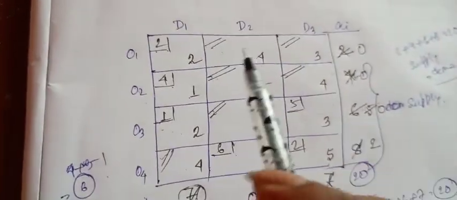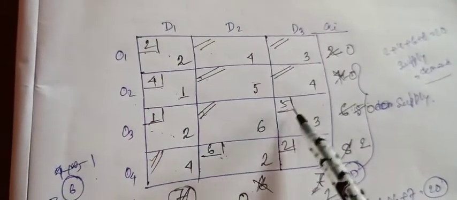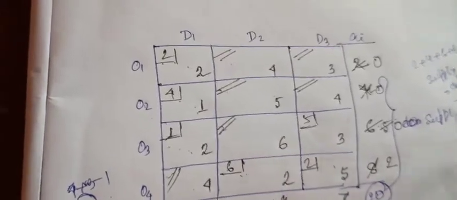Now there are 6 allocations: 1, 2, 3, 4, 5 and 6. And what will be the solution?